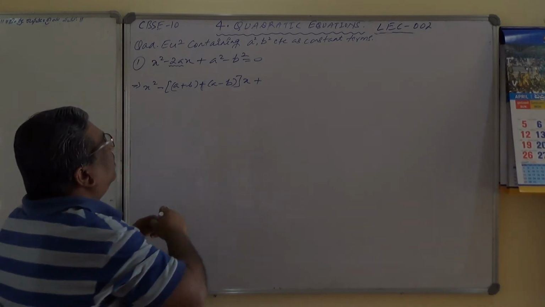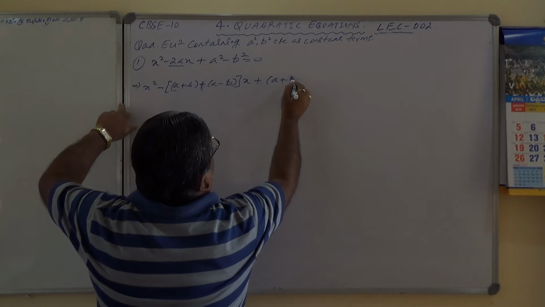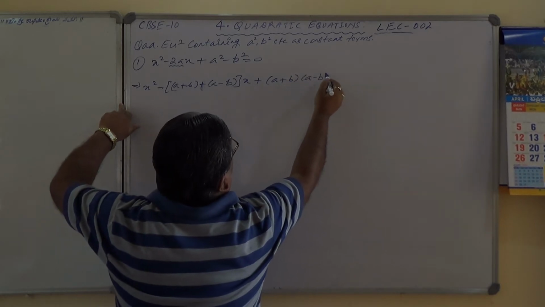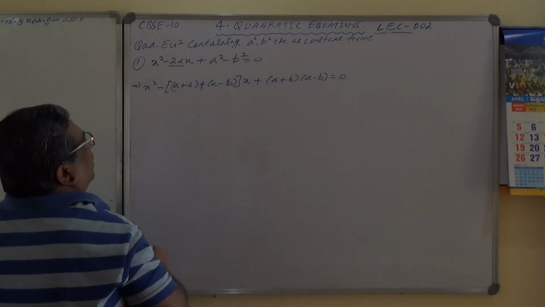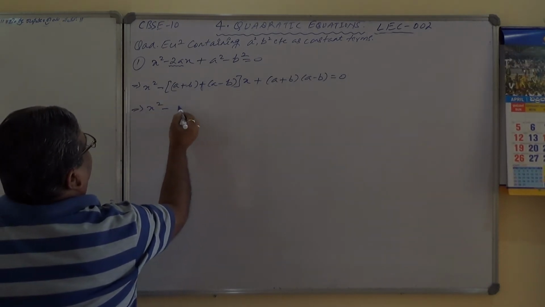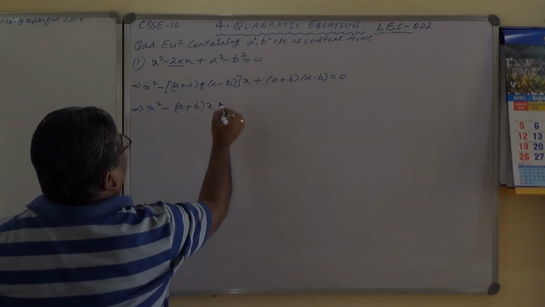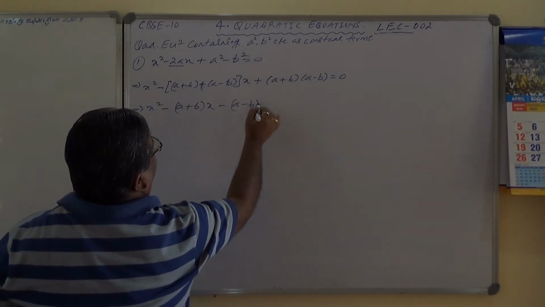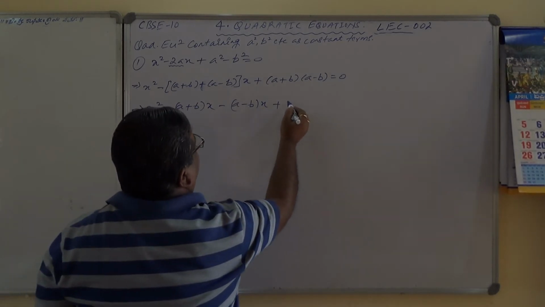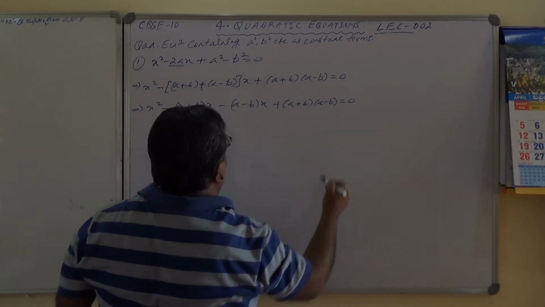So this a square minus b square can be written as a plus b into a minus b, which equals 0. Now multiply with this x and c, implies x square minus of a plus b times x minus of a minus b times x plus a plus b into a minus b equals 0.